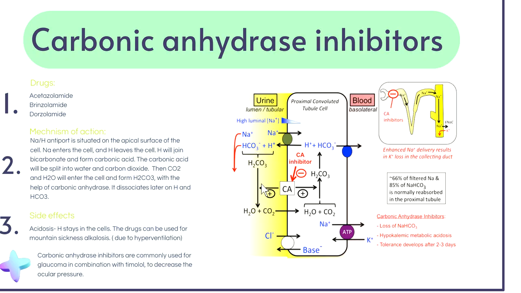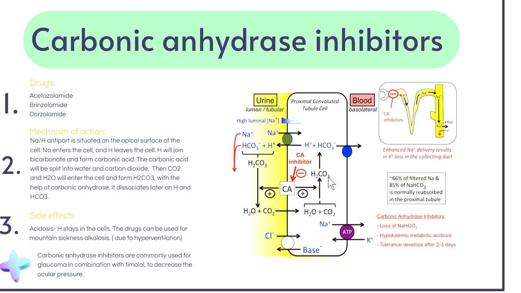Now, the carbonic acid is going to be divided into water and carbon dioxide with the help of the carbonic anhydrase. This is an enzyme. Then the water and the carbon dioxide by simple diffusion are going to enter inside the cell.